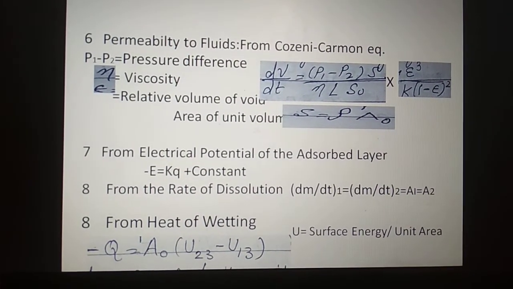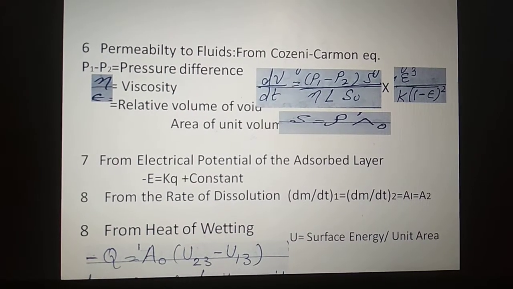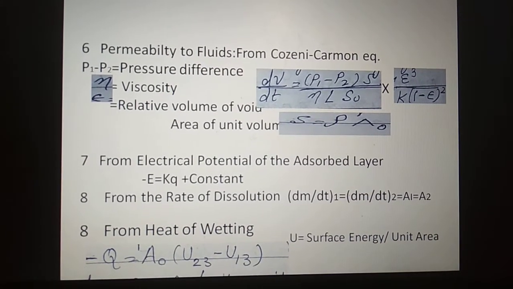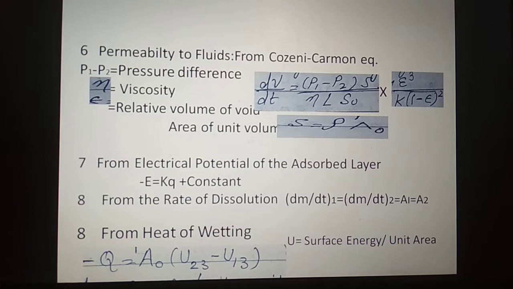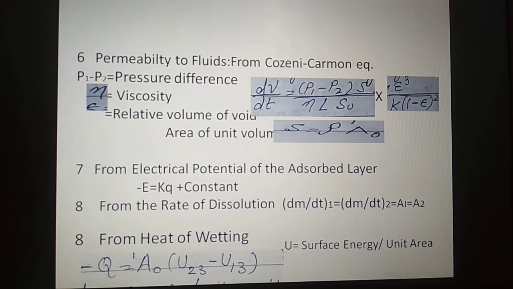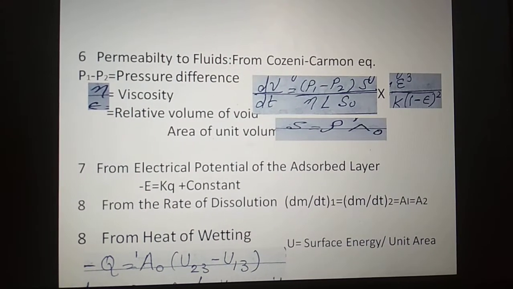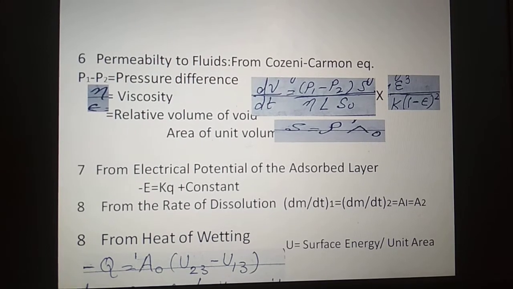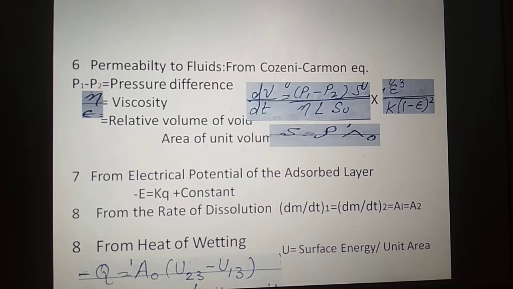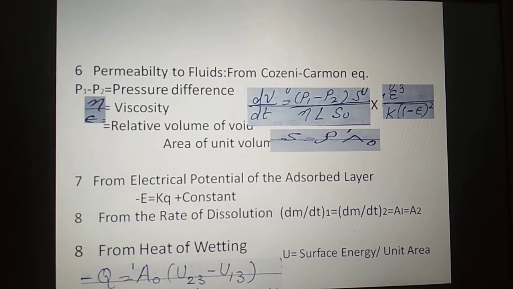Second, surface roughness generally lowers the value of dV upon dt, and this may cause an erroneous result. Third, the equation derives on the assumption that the gas flow is laminar. If pore diameter is small in comparison with the free path of gas molecules, the molecules fly across the pores rather than roughly parallel to their axis.